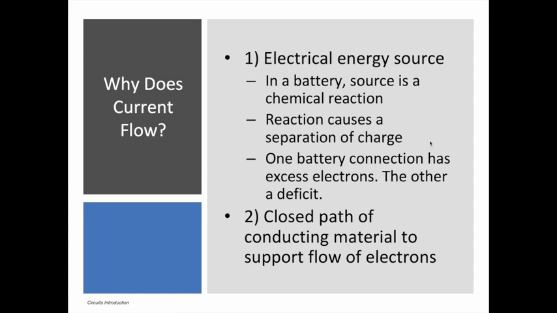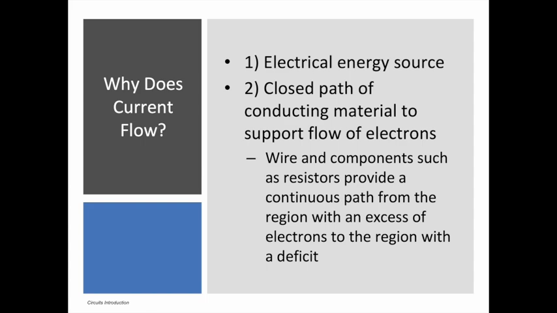That reaction causes a separation of charge, and one battery connection ends up having excess electrons, and the other battery connection, or battery plate, as it's called, has a deficit of electrons. The closed path can be accomplished by having wire and components, such as resistors, that provide a continuous route from the region with an excess of electrons to the region with a deficit.